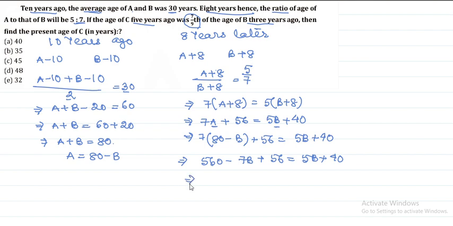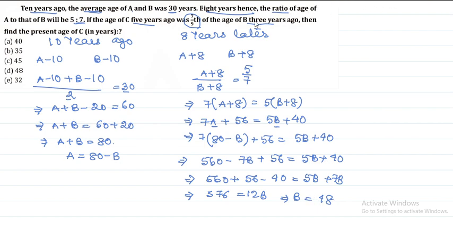Okay, now taking all the constants to the left, we have 560 plus 56 minus 40, and all the variables to the right we have 5B plus 7B. Okay, now this is 576 is equal to 12B. That is B is equal to 48. That is the current age of B is 48.